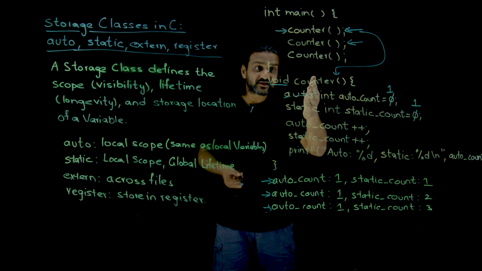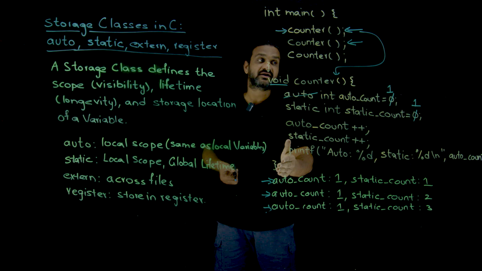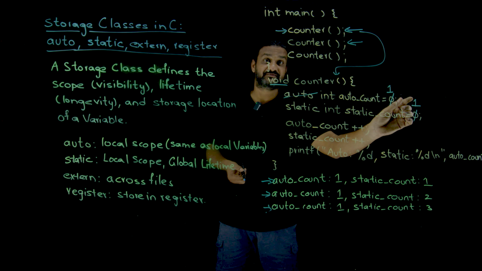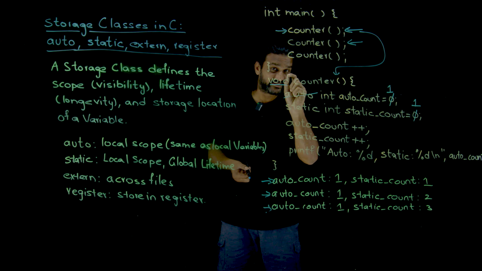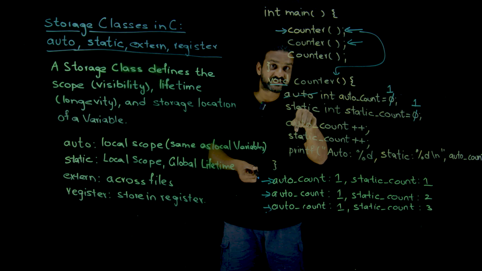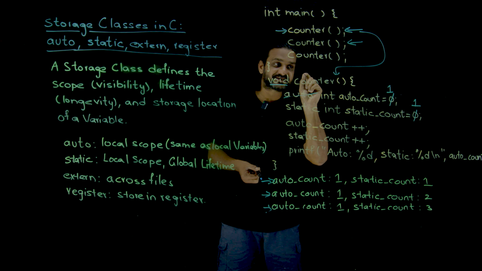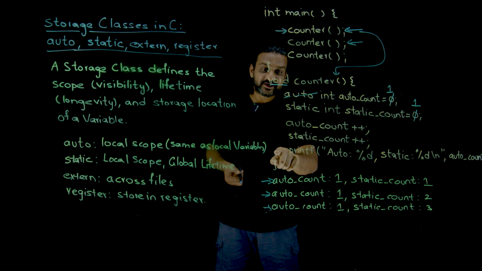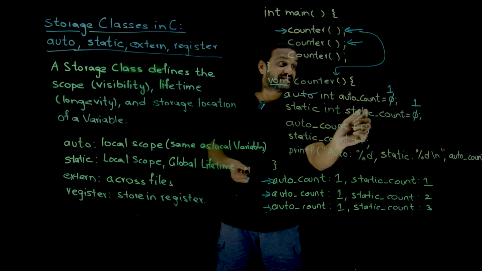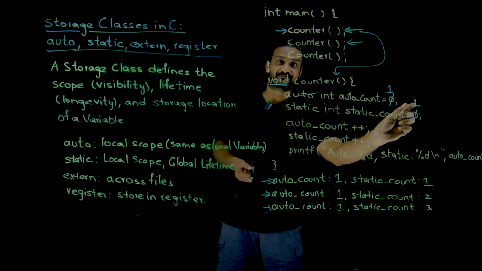Even after completion of this function call, this value remains the same. That is the point that you need to understand in this entire video. Even after the execution of this function, this value remains the same.